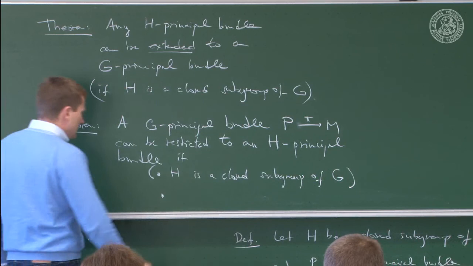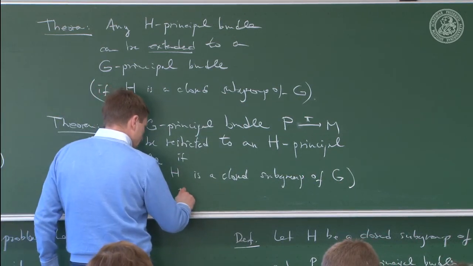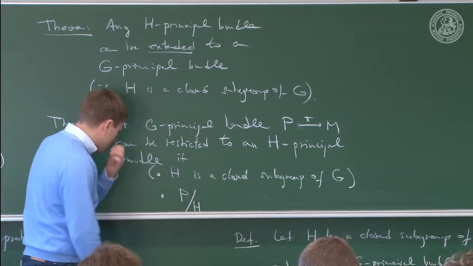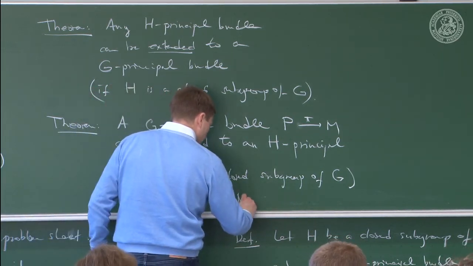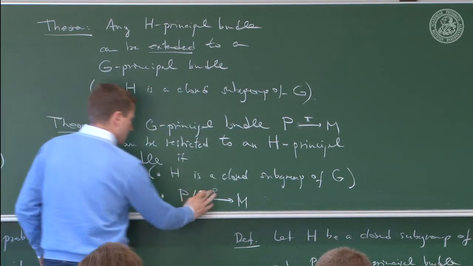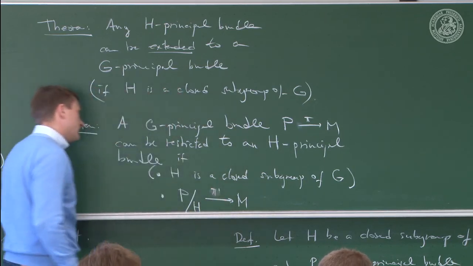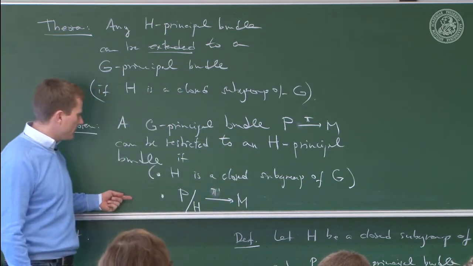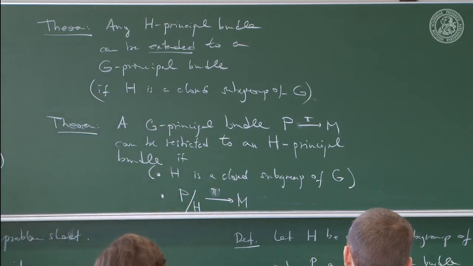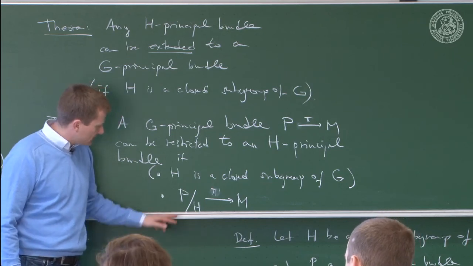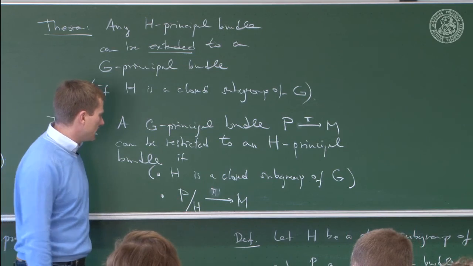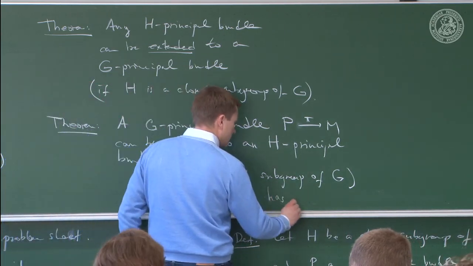If the quotient bundle, that's the main condition, P mod H to M, where you use the canonical projection map pi prime, which you can easily construct by going from P to P by H by the canonical isomorphism for the respective equivalence relation, if this bundle has a cross section.